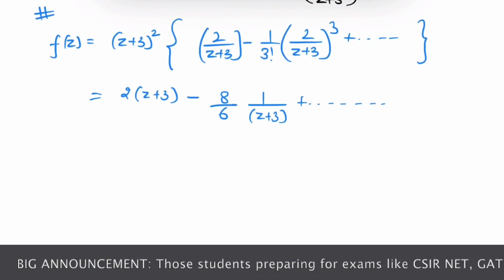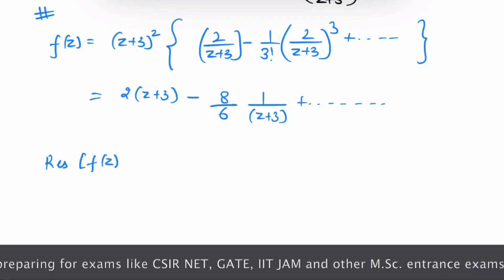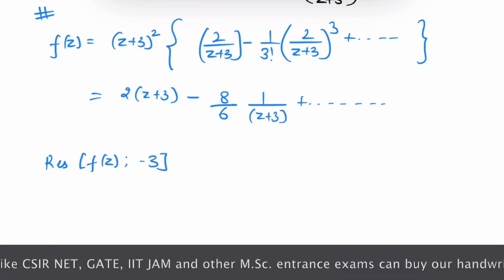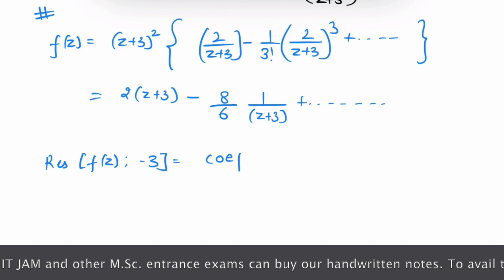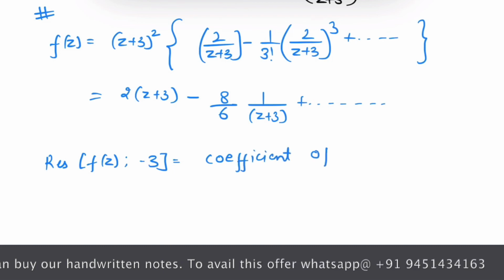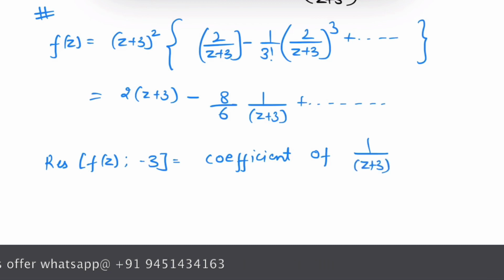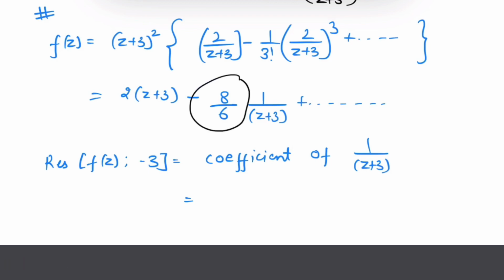So here the residue of function f of z at point minus 3 will be the coefficient of 1 over z plus 3. And here we can see the coefficient is minus 8 over 6, right?